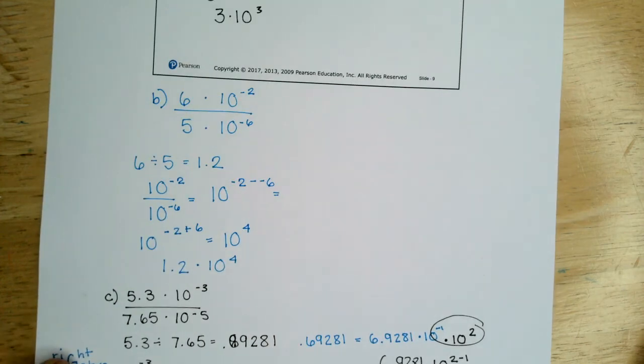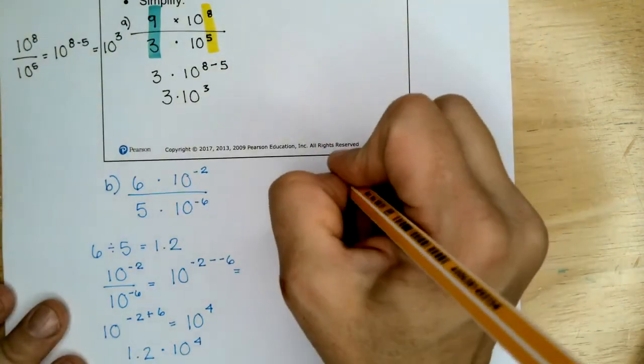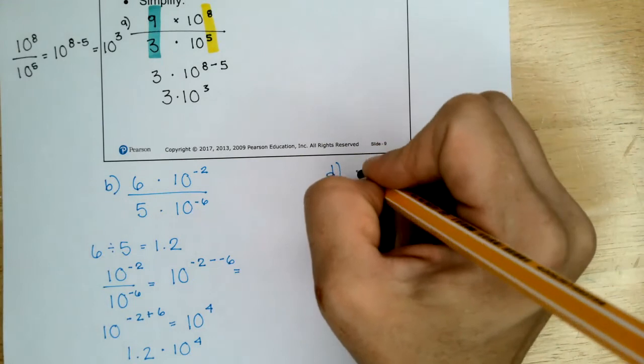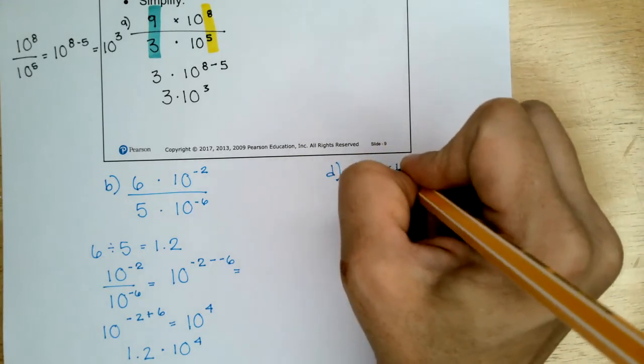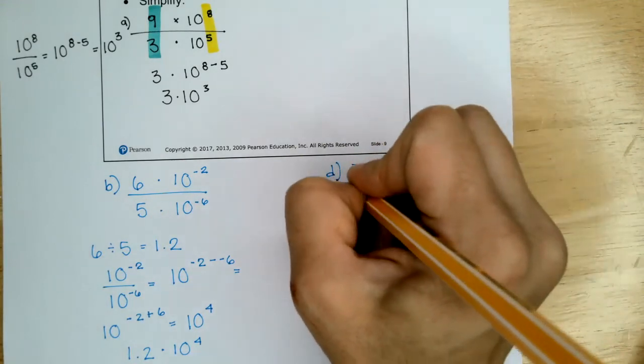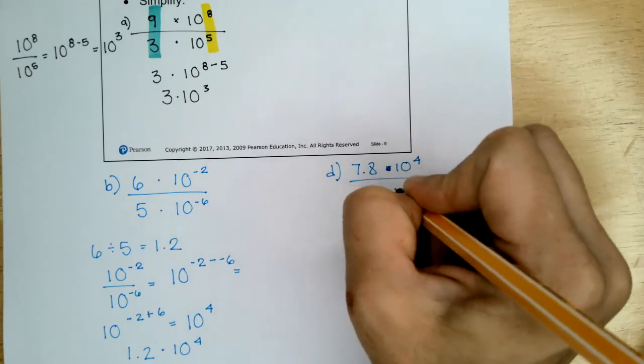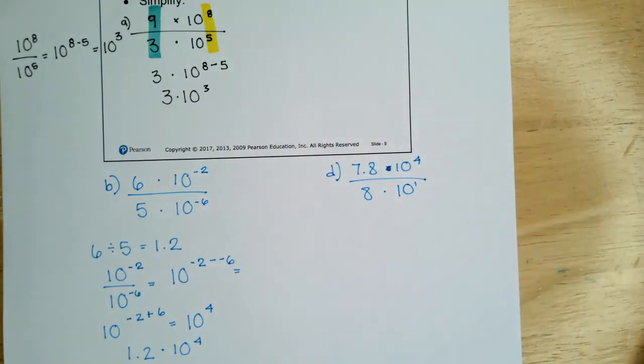All right, one more. 7.8 times 10 to the 4th over 8 times 10, just 10.